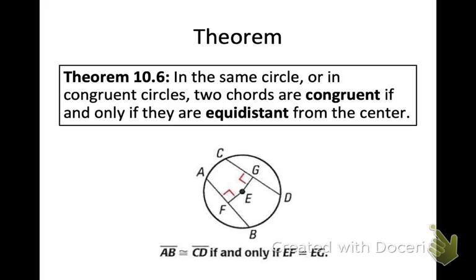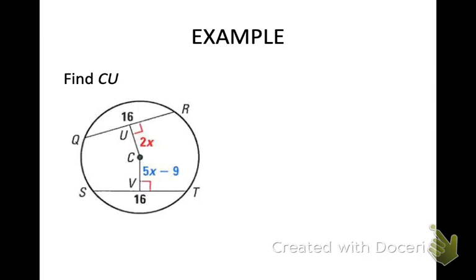So if we look at this last example, we need to find the length of CU. Do you have congruent chords? Yes, so since I have congruent chords, that means that the distance that that chord is away from the center is going to be the same as the distance that that chord is away from the center. So what am I going to do with these? Let them equal.